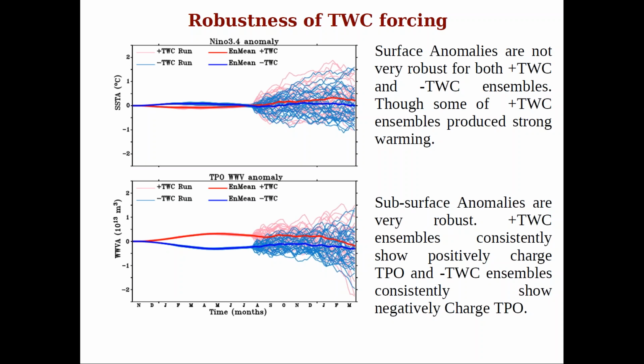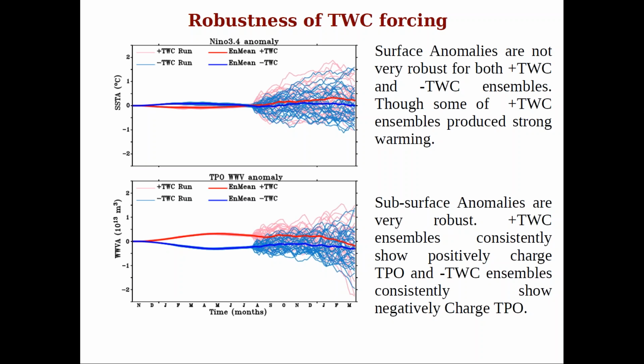In the fourth stage, it is giving a strong charging in warm water volume for the positive and discharge for the negative TWC run, and when we turn on the coupling, this signal is still there, with a distinct feature of warm and cold subsurface, but it is not as robust as in the surface pattern. So we are not getting a clear separation.